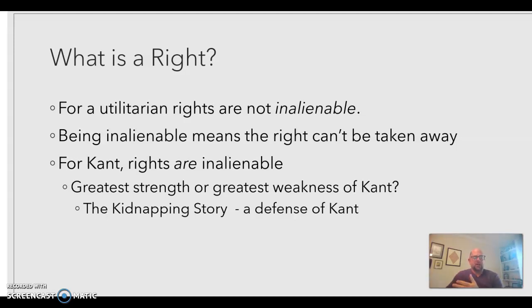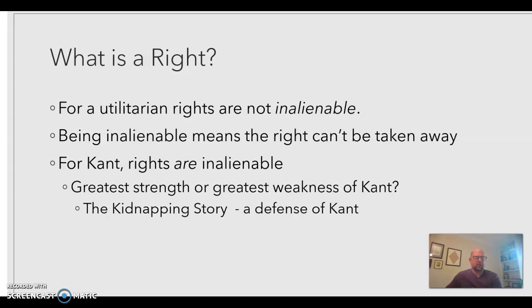Remember, Mill says, I'm not going to appeal to the notion of right in the abstract sense. So what he means is, for Mill, rights are just based on society being better off in the long run if we do this rather than that. But because they can be violated, they're not inalienable. Okay, well, being inalienable means a right can't be taken away.